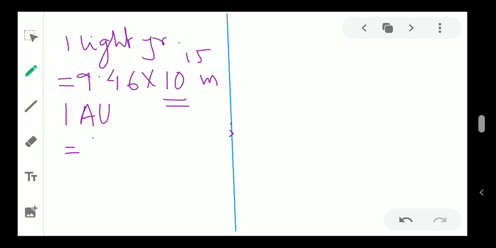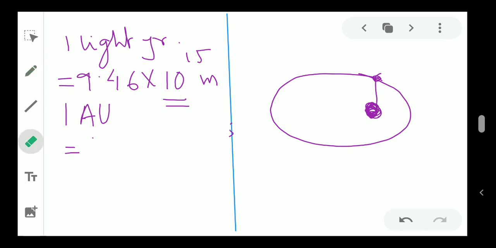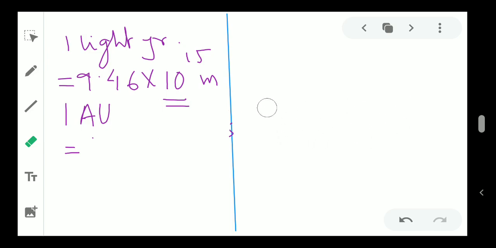Because you know the orbit of the sun and earth is elliptical, it's not a circle, and the sun is at one of the foci of that ellipse, and our earth moves around it. So always the distance between them changes, so we have to take the average. So the average distance between sun and earth is 1 astronomical unit, and that is equal to 1.496 into 10 to the power 11 meter.